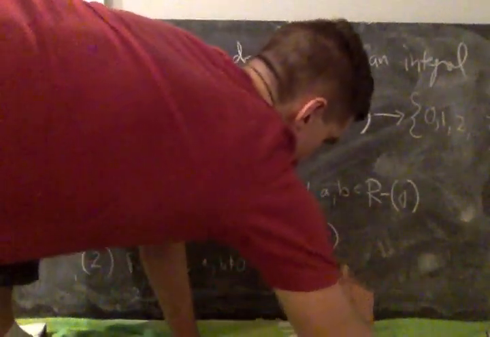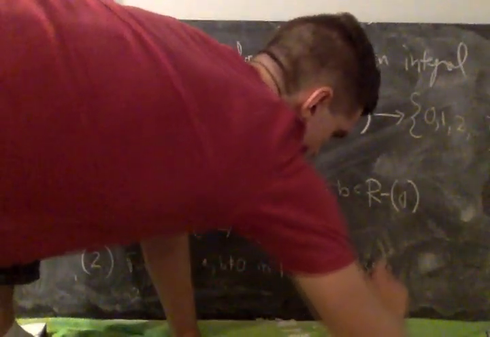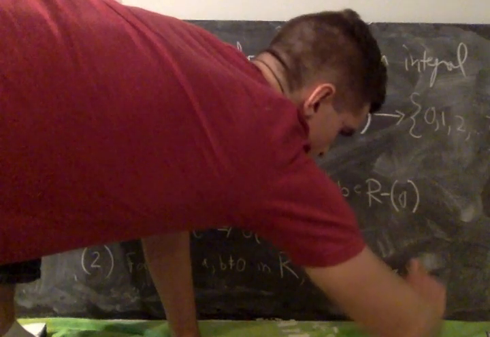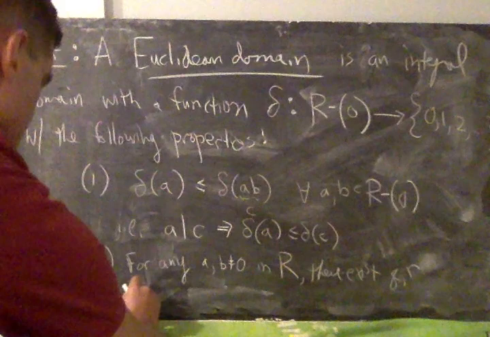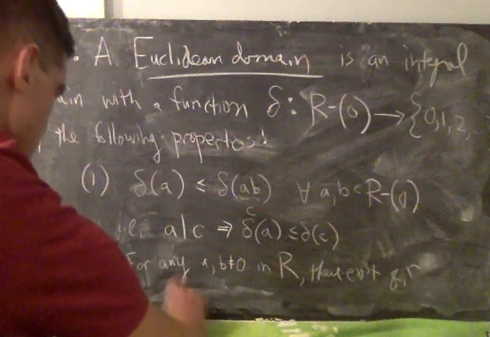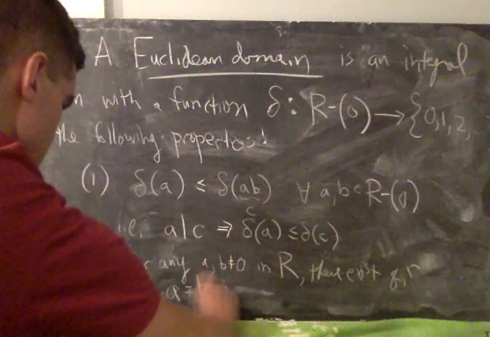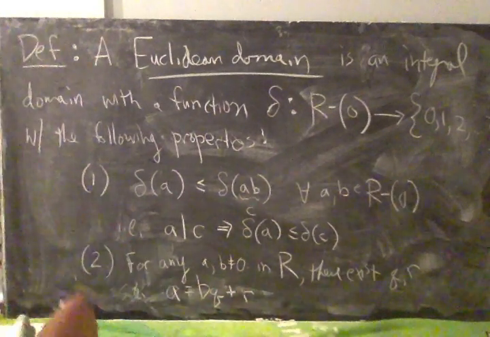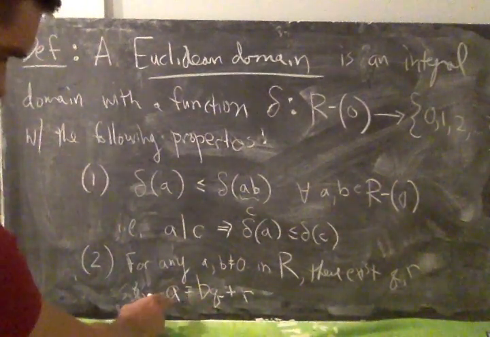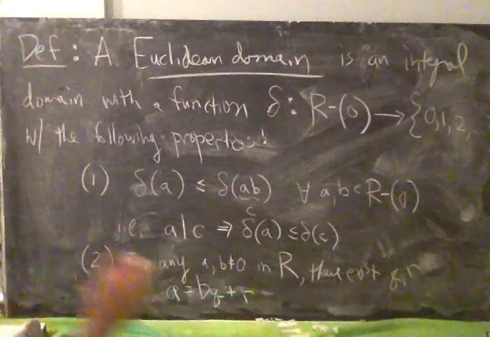There exist Q and R, elements of our ring, such that A equals B times Q plus R. This is the quotient when we divide A by B, and this is the remainder.